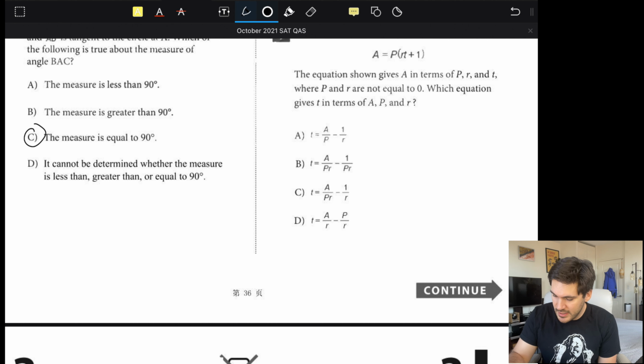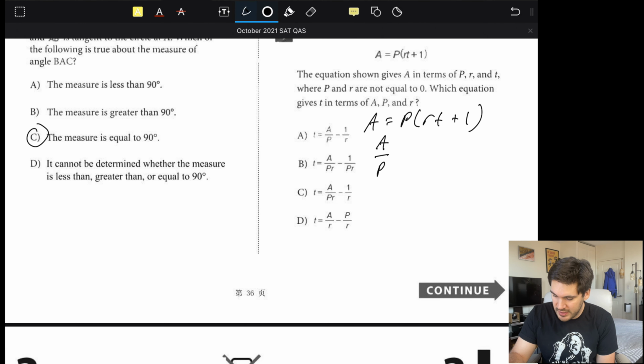So let me rewrite it. A equals P times (RT plus 1). We're solving for T, so A over P equals RT plus 1. A over P minus 1 equals RT.